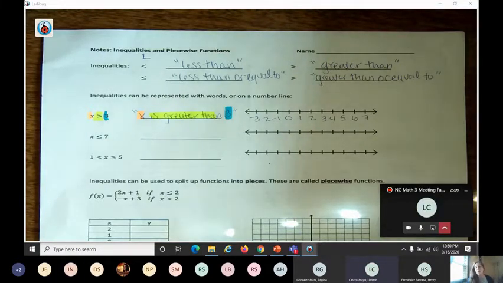Yes. Okay, so where am I going to put my dot for this expression? The expression x is greater than 3. Where should my dot go on this number line? What's the only number in the expression?